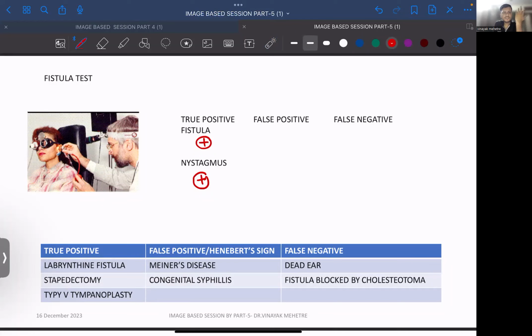Now comes false positive: there is not much abnormality, but the patient has nystagmus. Last one, false negative means there is a fistula but no nystagmus.